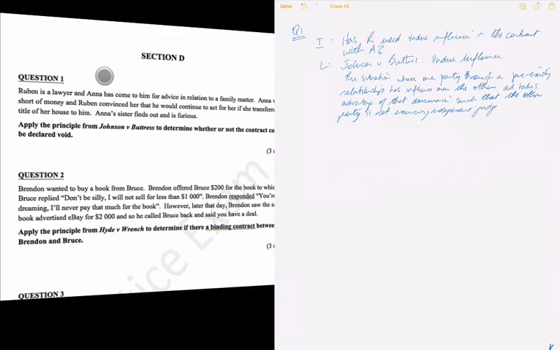So what we're really saying here is that one party isn't really agreeing, right? They're not using independent judgment. So that's when we have it.